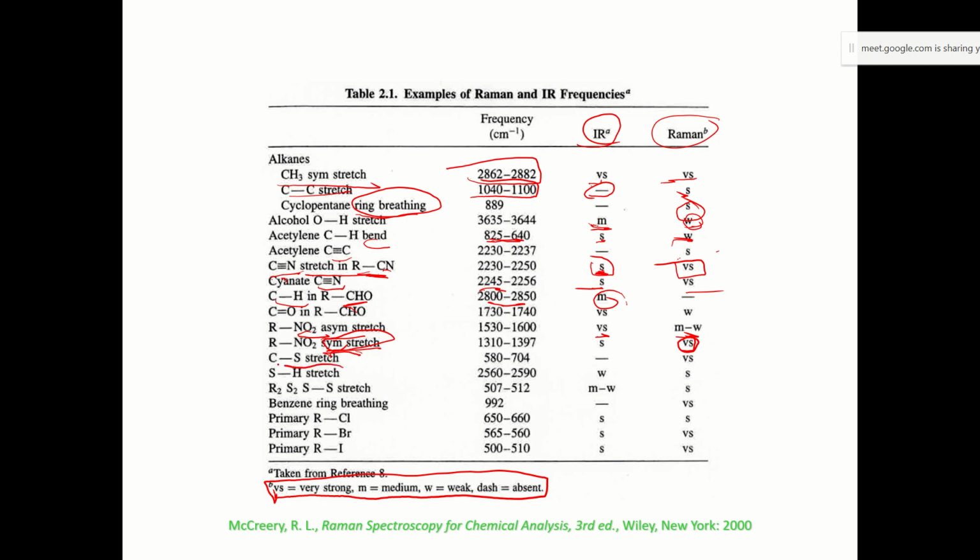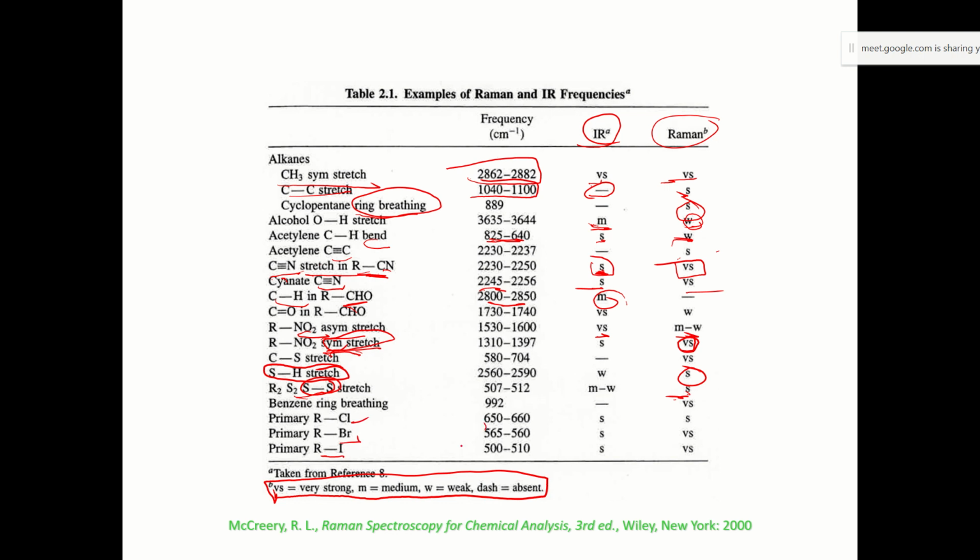SH सिमेट्रिक स्ट्रेच थायोल्स का अगेन वेरी स्ट्रांग इन रमन, strong peak like this. So this is SS stretching bond जो जब SS सल्फर लिंकेज होगा ऑक्सीडेशन होने पे, so that is also strong in this like this. So Raman active, then halides, primary alkyl halides, iodide, bromide, chloride.